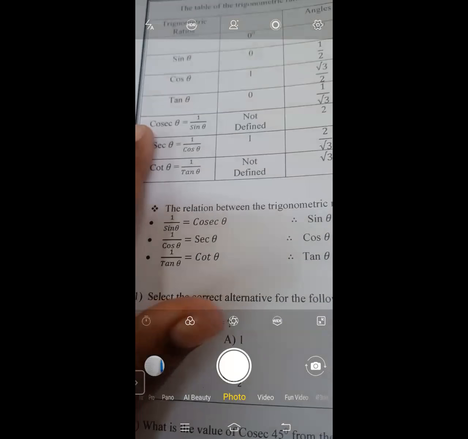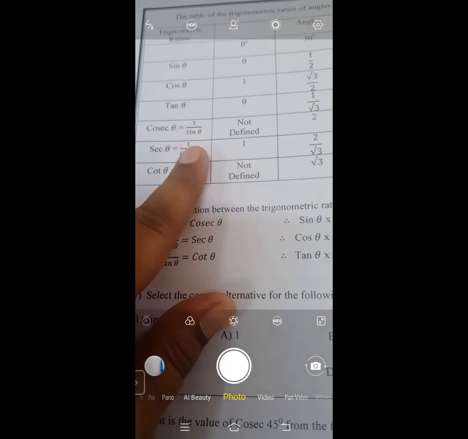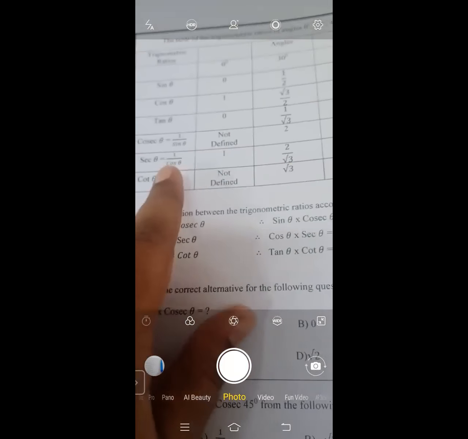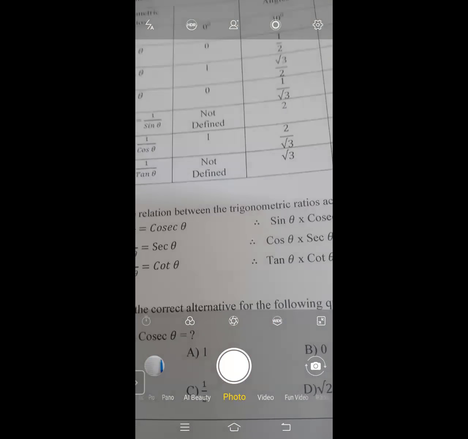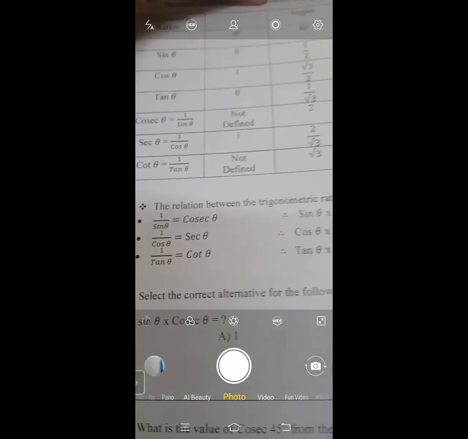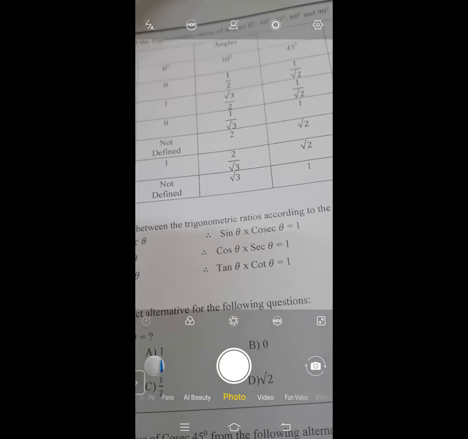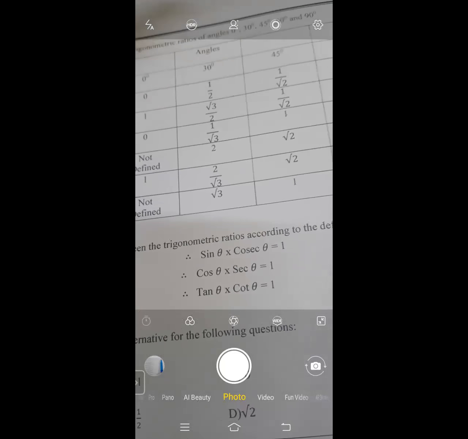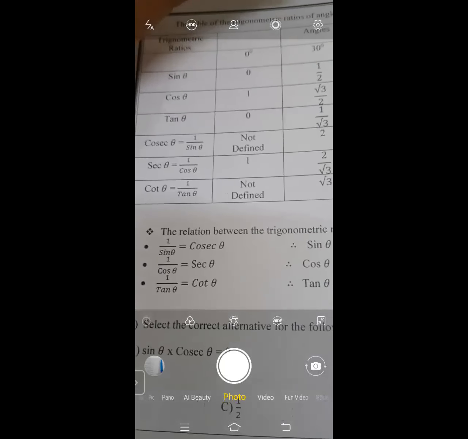After that, how you will write cosec theta, which is 1 upon sin theta. Try to write down these values. Just keep your book aside for a while. Check the values, but don't copy as it is for the second time. And at the third time, you will be able to identify some things. You will be able to recognize that, oh no, this is how I'll write for cosec theta.